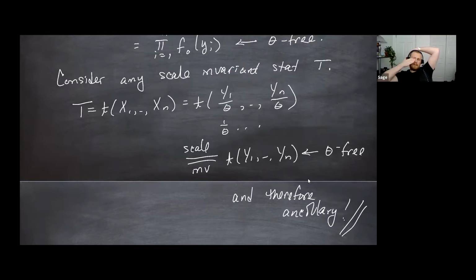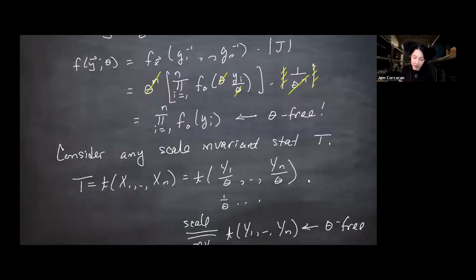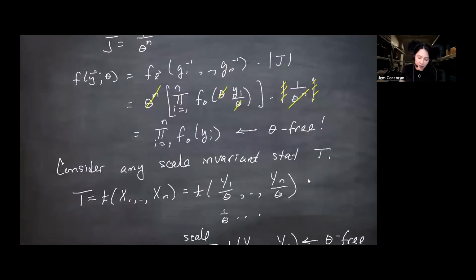Would it be better to say that since this is equal to the t of the little x's, that is theta free? Because the y's do involve theta, right? The y's don't involve theta. You know what? I started with the theta here, but it did end up being a function that does not depend on theta.